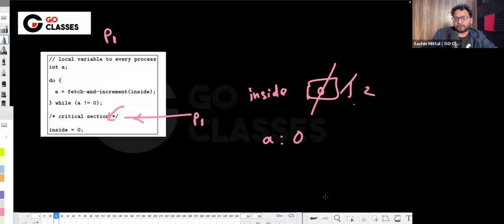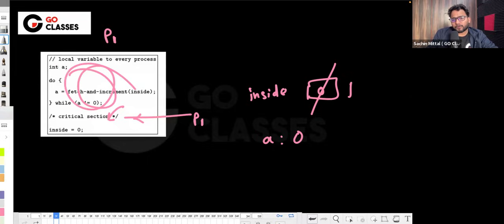So it will not be able to enter the critical section. It will just loop around this loop. Only for one of the processes will the a value be 0, so only one process can enter into the critical section. So mutual exclusion is satisfied.